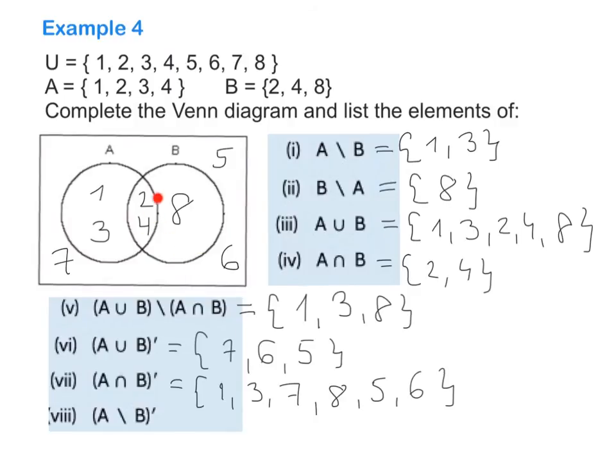So this is everything outside A minus B. So we have 7, we have 2, 4, 8, 5 and 6. Okay, so take this question down into your copies, please, and try to do them by yourself, and then you can check with the video.